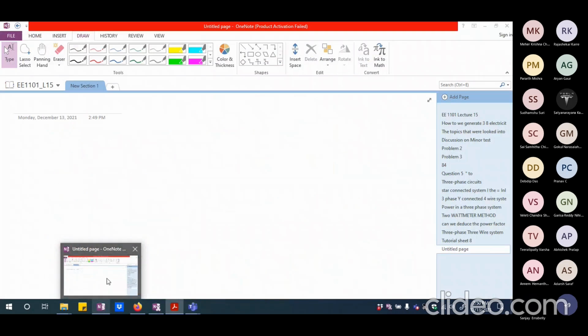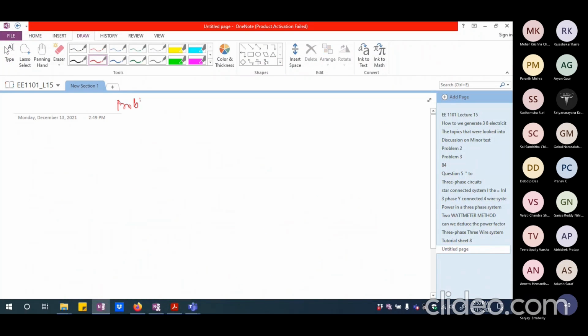What we did just now was we were given, in problem number 2, what is given is 141.4 volts angle 60 volts, that is VAC. So if I want VAN, what should I do?